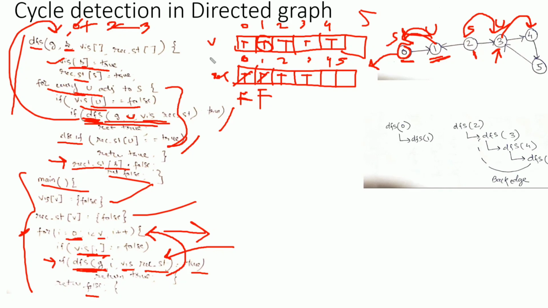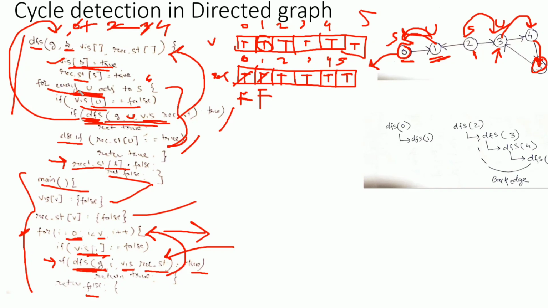I'll change it to true. Now s is 4, and the recursion stack also will be true. The adjacent vertex of 4 is what? 5, and 5 is not visited. So again I will call this recursive function for vertex 5, mark it true, recursion stack also true.